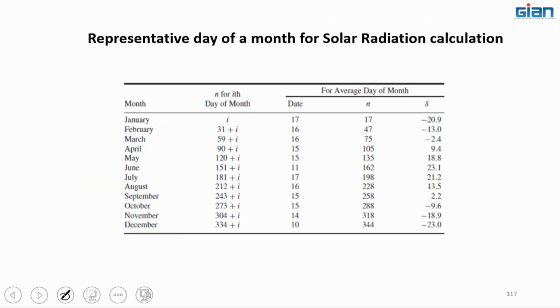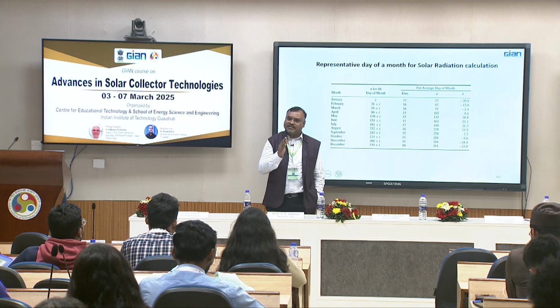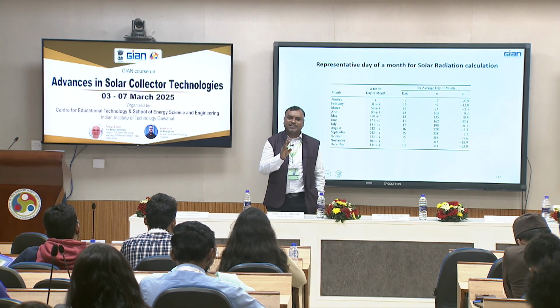And Klein has recommended some of these. Normally, when you need to find the radiation spectrum, you need to know what is happening every day. But it's very tedious to calculate the radiation spectrum for every day. So what people have done is identify some representative days: one day for January, one day for February, and if you do the radiation calculation on that particular day, that means you are done.